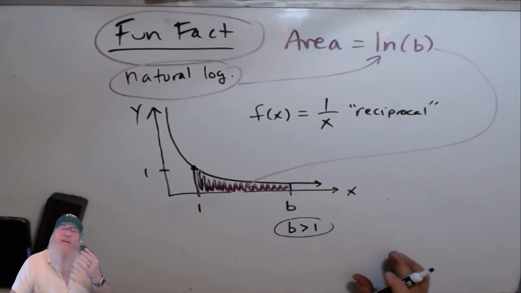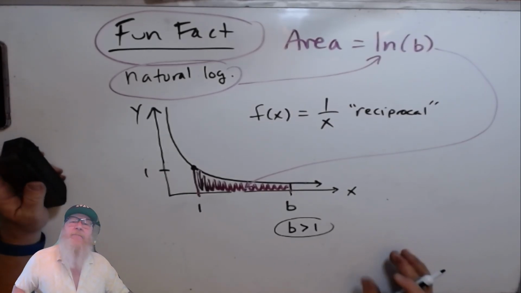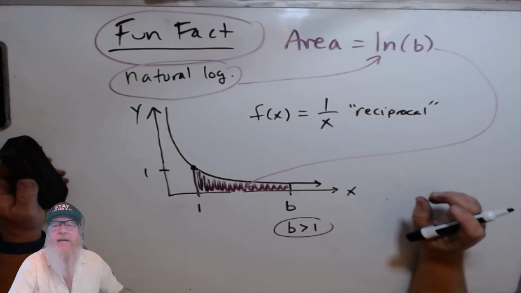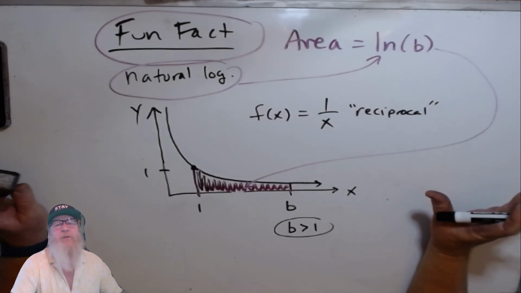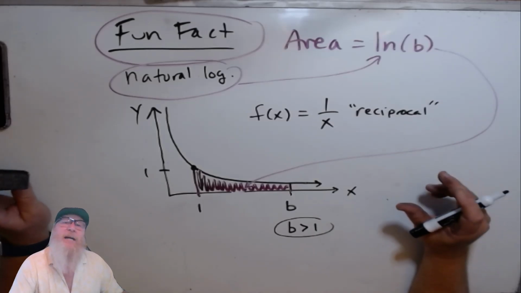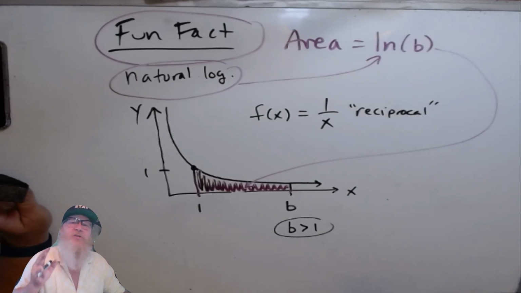When I first saw that, I thought, oh, okay, seems reasonable. Didn't really question it. But the more I thought about it, I realized what an amazing fact that is. You don't get this type of relationship very often in mathematics. You can think of a very obscure way to think about the natural logarithm.